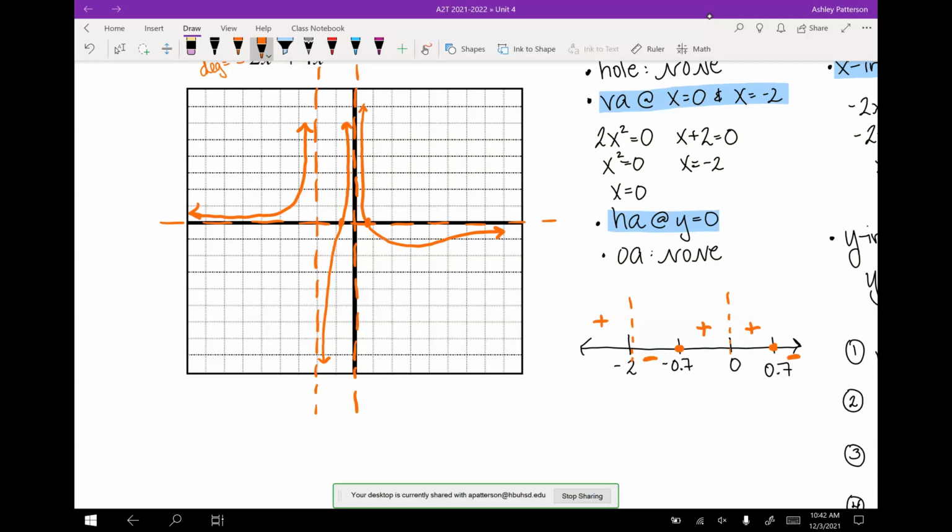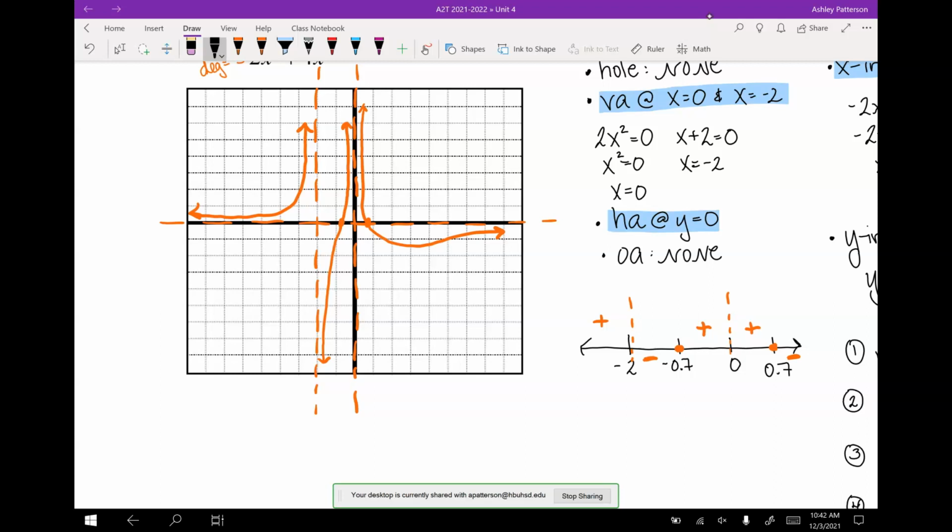For the domain, what do you think is going to restrict our domain for this particular graph? Yeah, who said that? Nice, thanks, Chloe. The vertical asymptotes. Anything else? Or just the vertical asymptotes? Just the vertical asymptotes for this one.